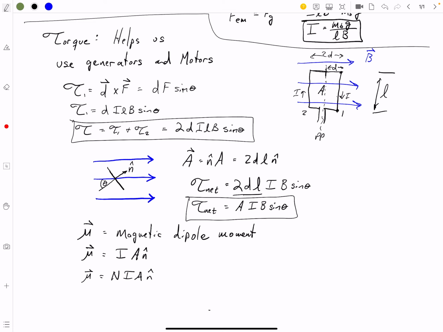So now we can say our torque is equal to mu cross B, and this is for one loop. But we now have n loops with I through them, and so our torque is then equal to the number of loops times I times A times B times the sine of theta.